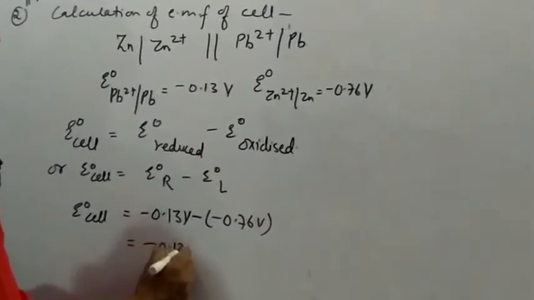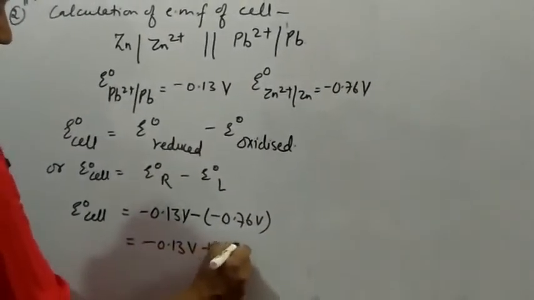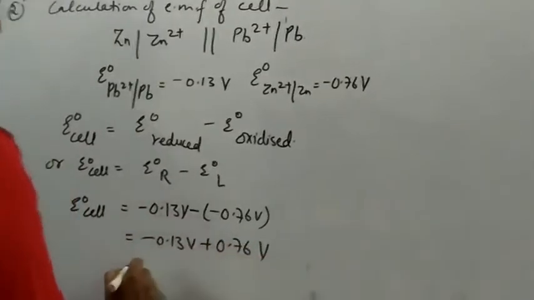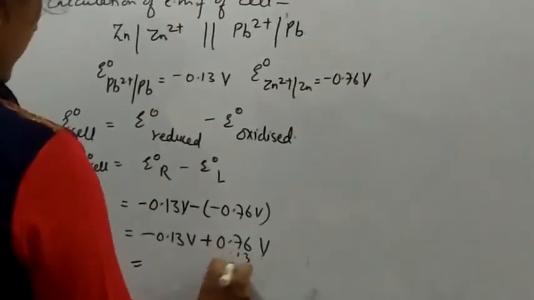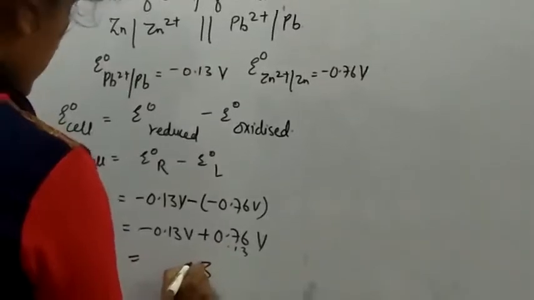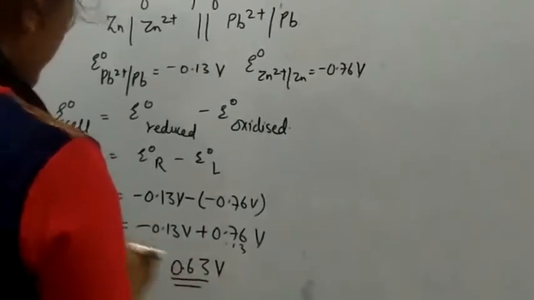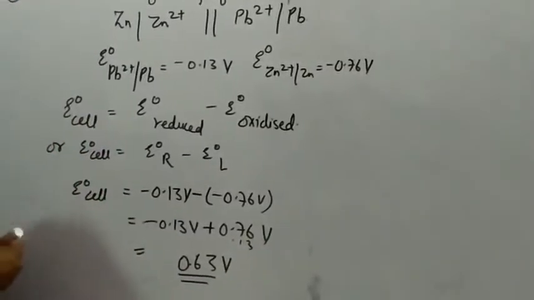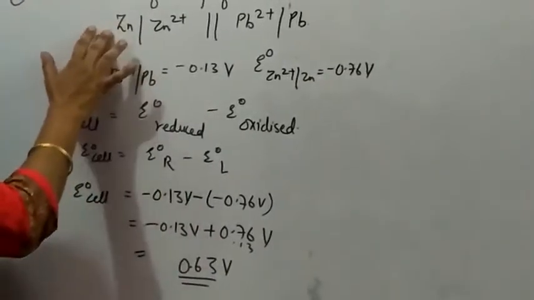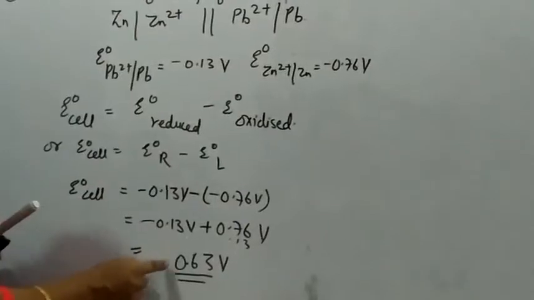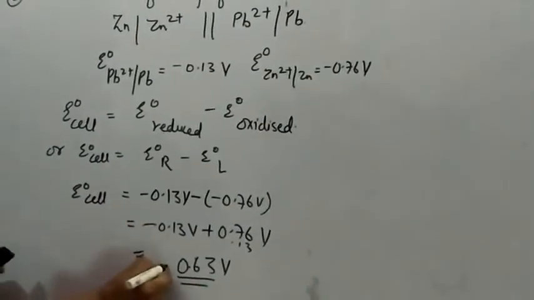So we will get 0.13 volt plus 0.76 volt. So what do we get here? 0.63 volt. So the cell potential of the given cell is plus 0.63 volt.